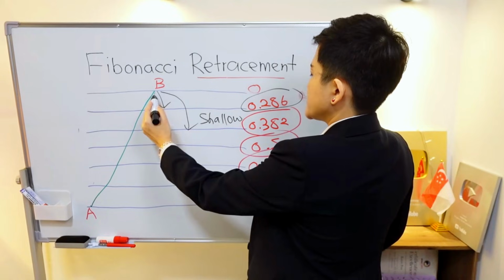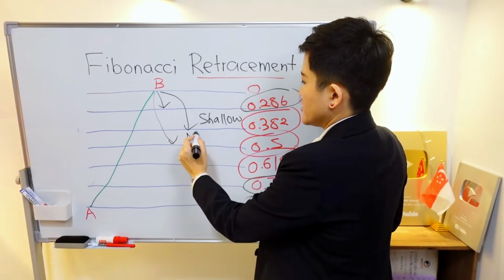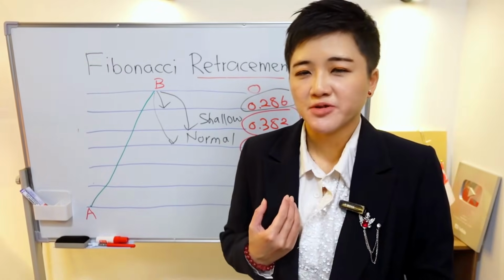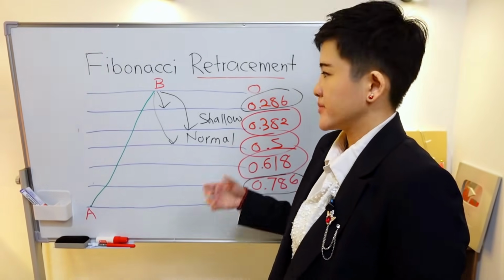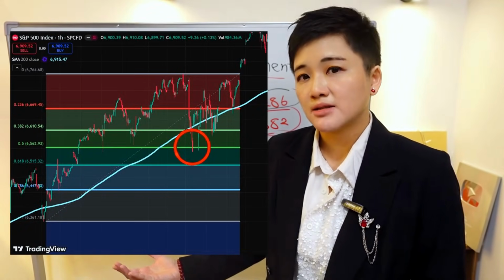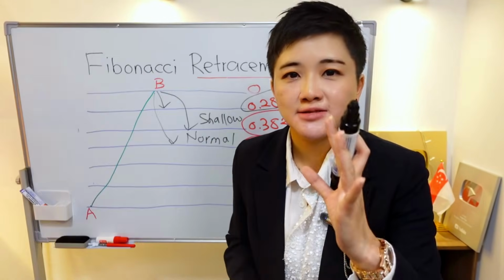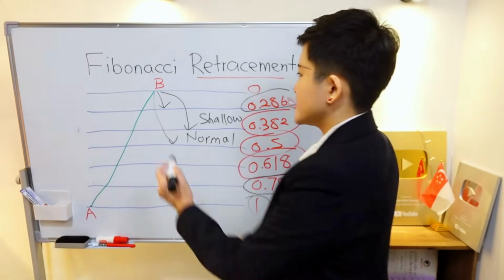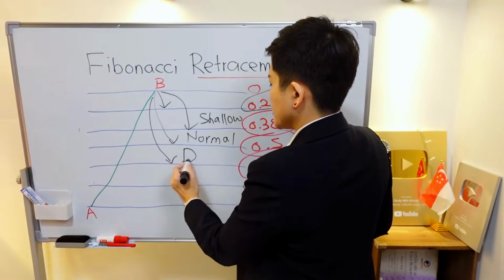So if price retraces to 0.5, this would be your normal pullback. A lot of times for me, I would love it when it retraces to 0.5. Risk to reward is better, and a lot of times it would have retraced to the mean, and then you have nice confidence, and then you can potentially enter. Not enter straight away, okay? But when prices pull back to 0.618, this is a deep pullback.